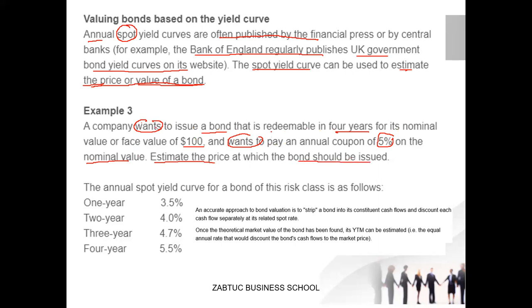This is a new bond. So at what price are you going to sell this new bond? It's not already trading. It's a new bond. So the question is, how are you going to value this new bond?